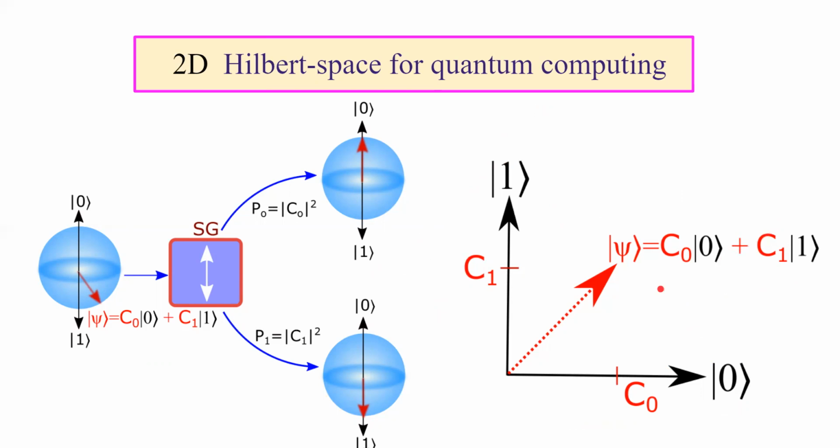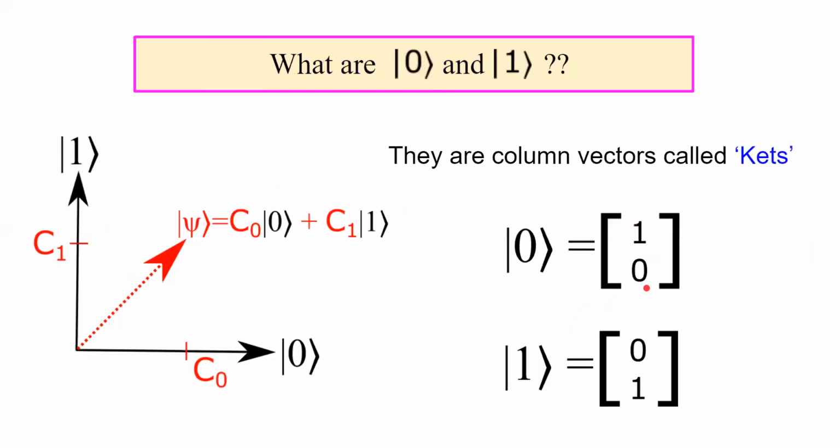Right? So let us continue and let us now understand what these ket 0 and ket 1 are. These are basically column vectors, normalized column vectors. These are called kets as per Dirac notation.